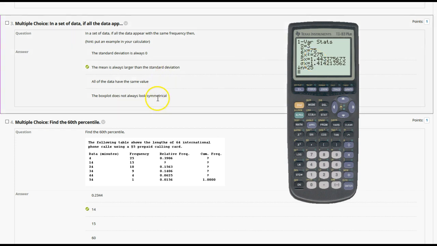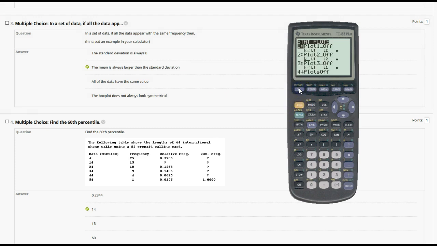And then it says the box plot. So why don't we go ahead and take a look at what the box plot might look like. Second stat plot, enter, we want to turn it on. Let's go over to the box plot. We want to do the frequency as list 2, and then let's graph it.